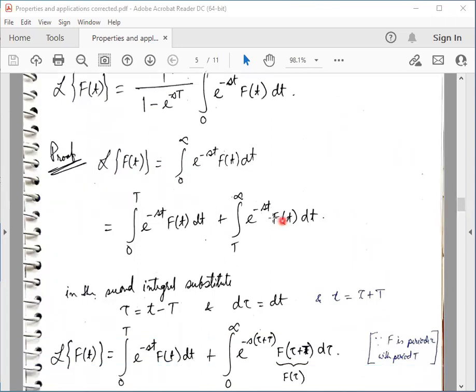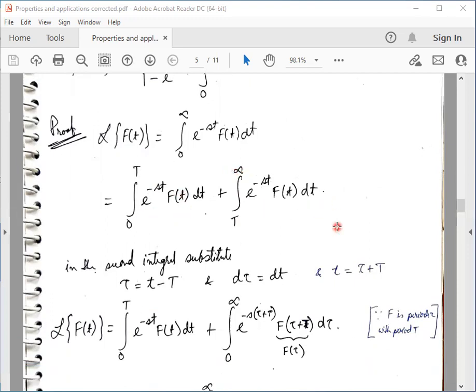Now this limit from 0 to infinity, I can split into two limits: one from 0 to capital T, and the other from capital T to infinity. The integrand remains unchanged.